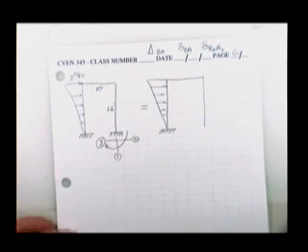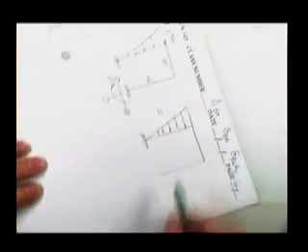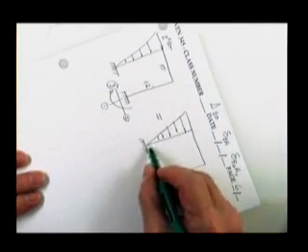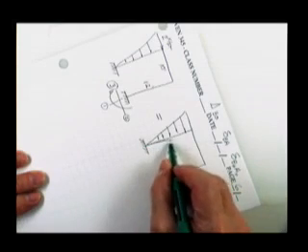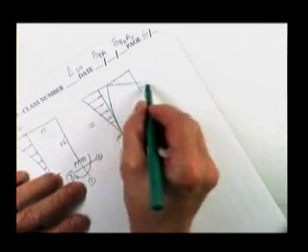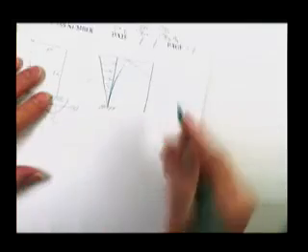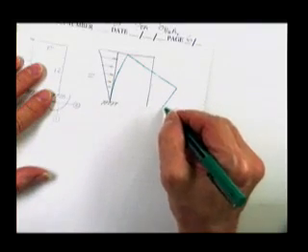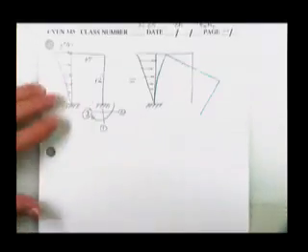I'm going to now draw the deflected structure. With any luck at all, I won't make any mistakes because I'm not going to be able to erase them. It deflects like that. And then because this is a right angle, it deflects like that. And then because that's a right angle, it deflects like that.